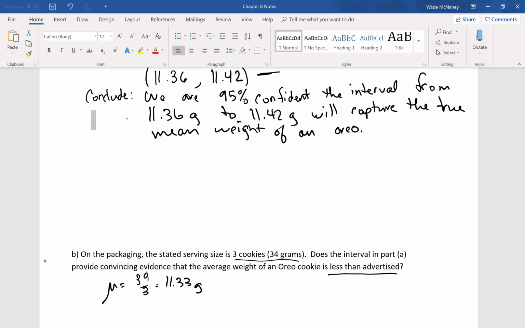So, does this interval give convincing evidence that the average weight of an Oreo cookie is less than advertised? Well, this is what is advertised, and this is what we got from our sample.